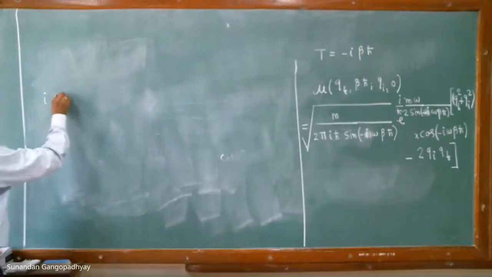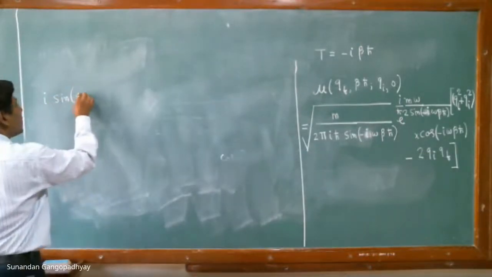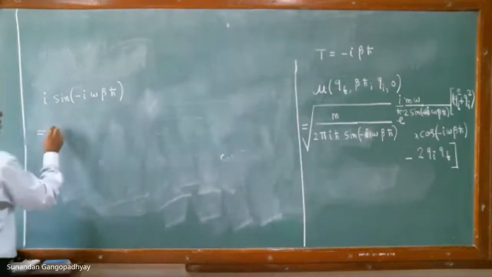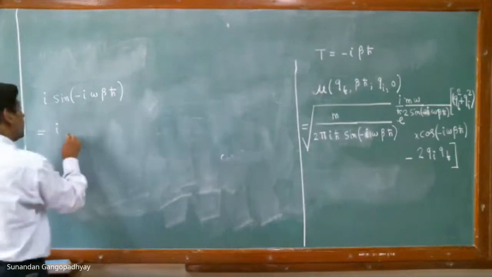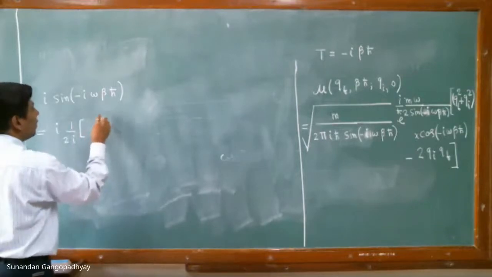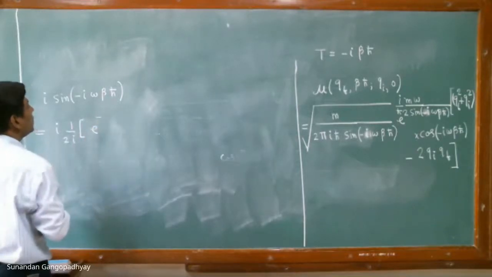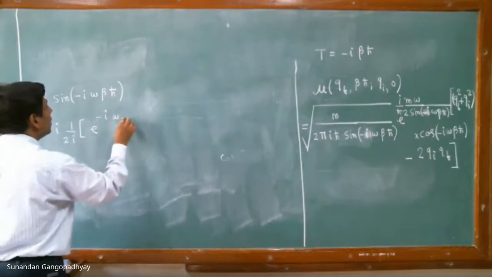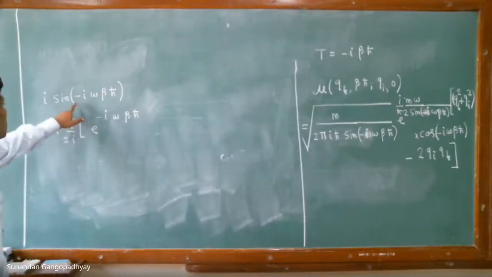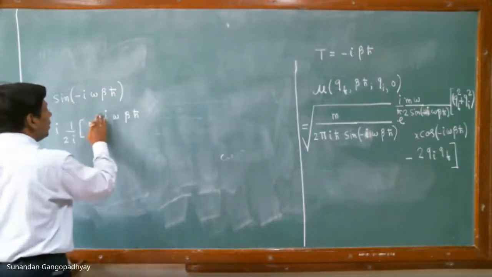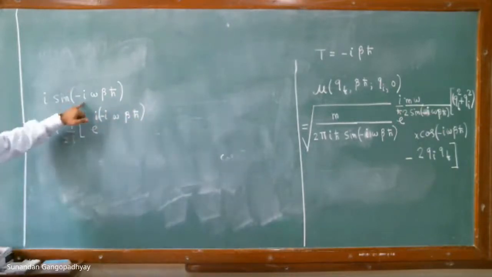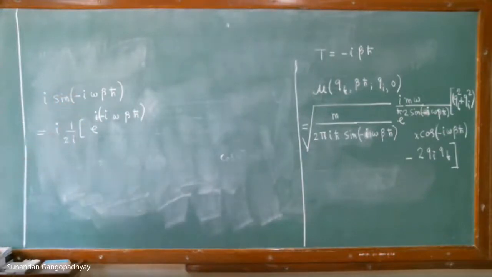So this is I sine of minus I omega beta h bar. This is just simple algebra. You can write this thing as 1 by 2i e to the power of minus I omega beta h bar, because sine of theta is e to the power of I theta minus e to the power of minus I theta.